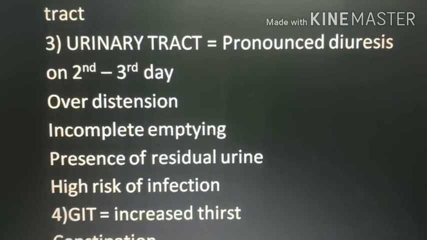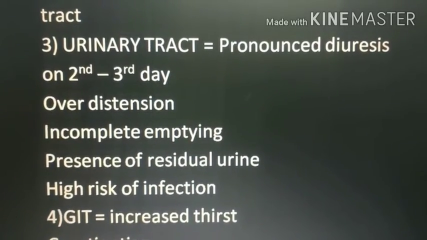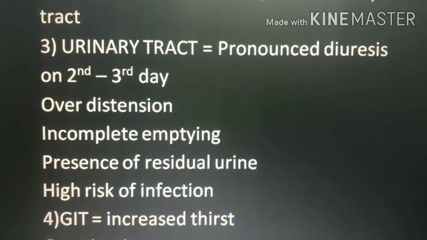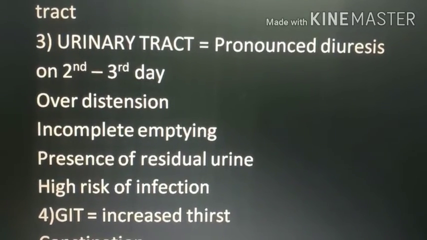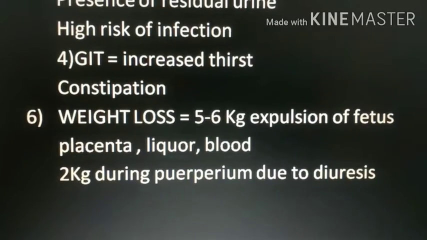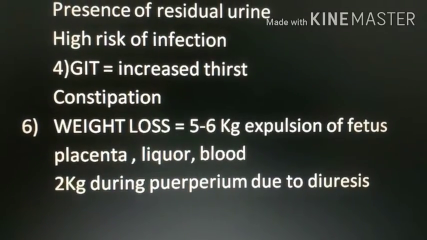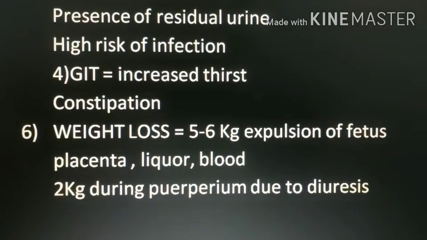Next is urinary tract. There is pronounced diuresis on the second and the third day. The common urinary problems are over distension, incomplete emptying, presence of residual urine, high risk of infection. Next is GIT. There is increased thirst due to the loss of fluid during the labor in the lochia, diuresis, and perspiration.